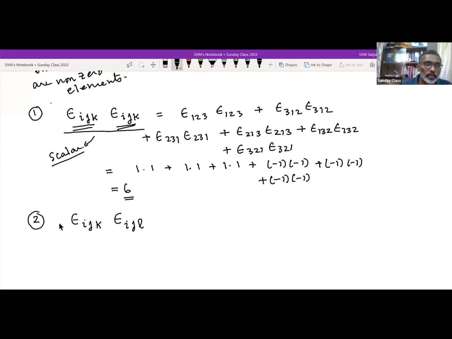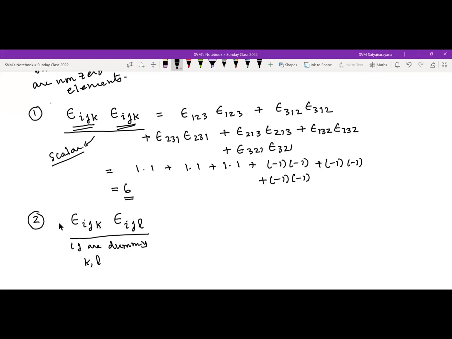Now here, what is this quantity? i and j are dummy. What about k and l? They are free indices. k, l are free.